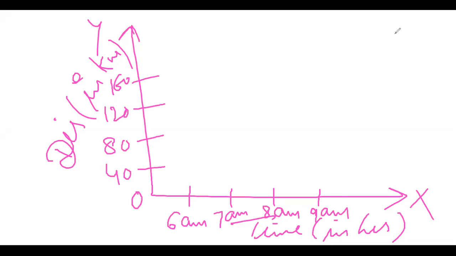Then we'll draw the graph and we'll draw the line, same as the previous one. Okay, at 6 a.m. 40, at 7 a.m. 80, at 8 a.m. 120 and at 9 a.m. 160. You will join it, so you will get the graph.